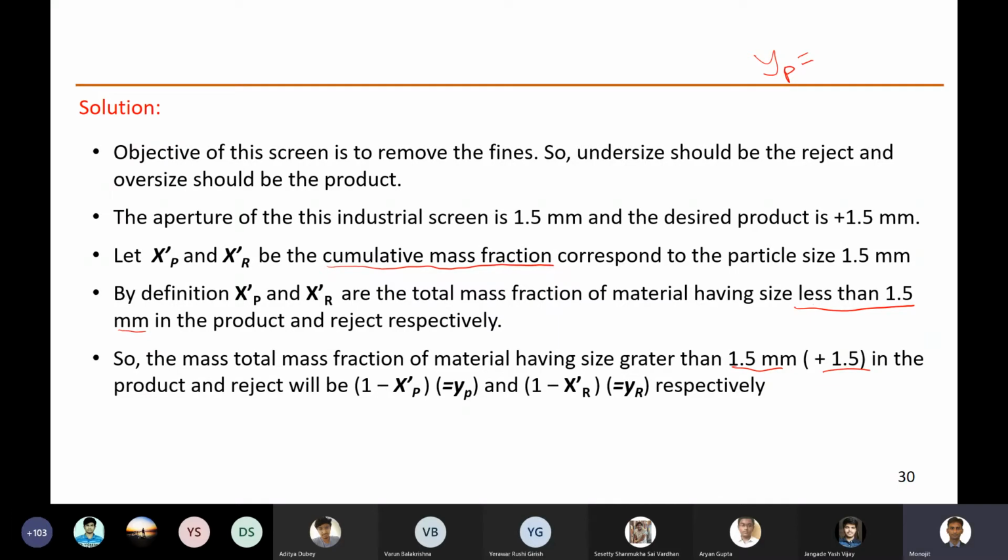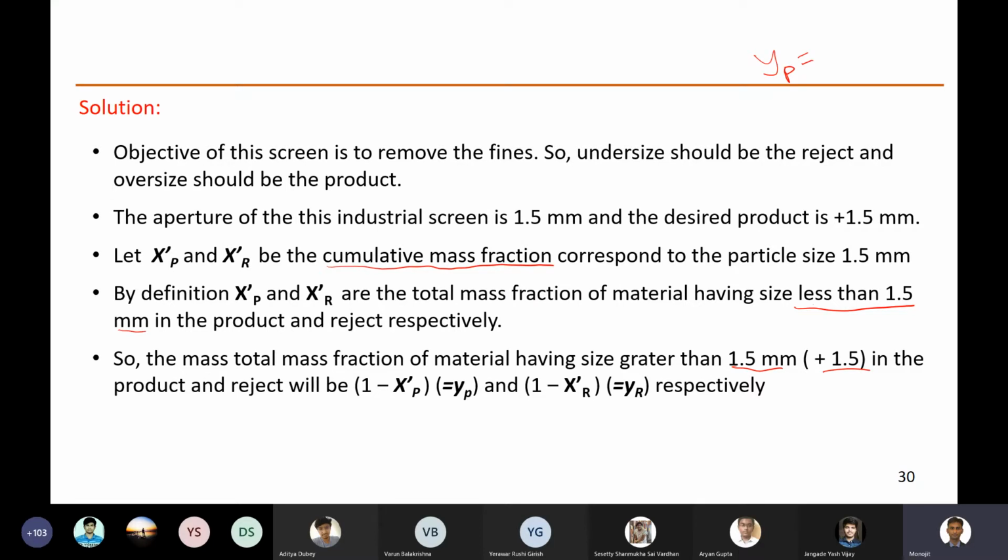Remember during the last class, or maybe the last to last class, I told you that for some of the problems, if we go in a reverse way, like if we do the cumulative analysis from top to bottom, it helps. So this is one of the examples where, instead of doing the cumulative analysis from bottom to top, this will help you, because whenever oversize is the product, these things will help you.